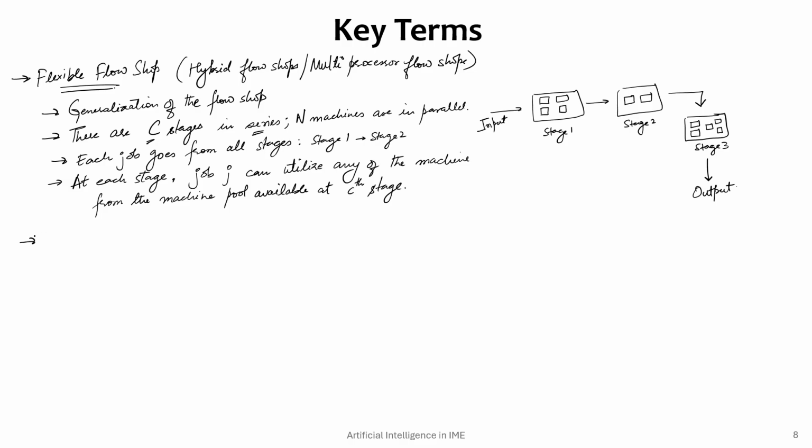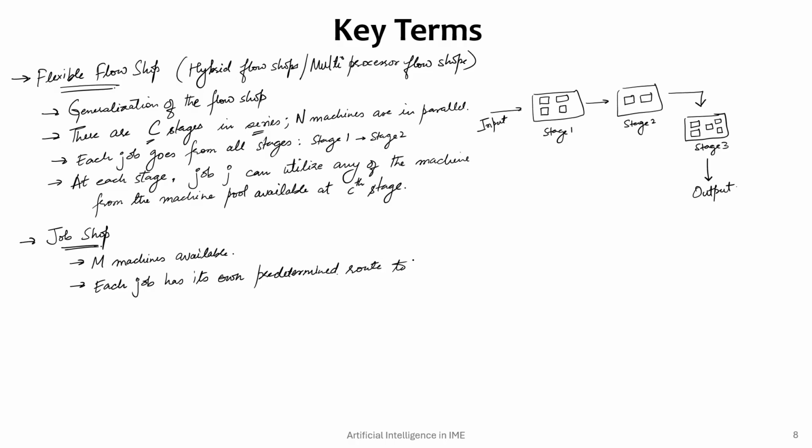The next concept is job shop. So, in this setting M machines are available and each job has its own predetermined route to follow.